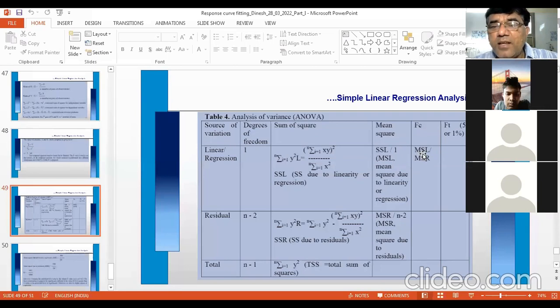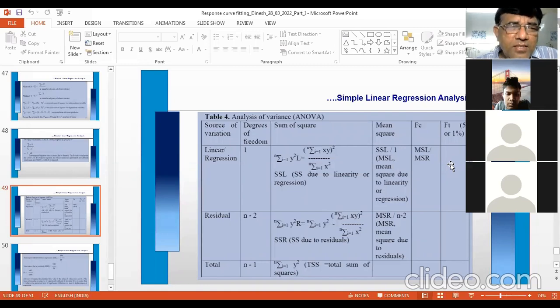Here L is actually the mean square due to linearity or mean square due to regression, and MSR is the mean square due to residual or error. So then you get F calculated, and you also get the F table value, at 5% or 1%, at 1 and n minus 2 degrees of freedom.